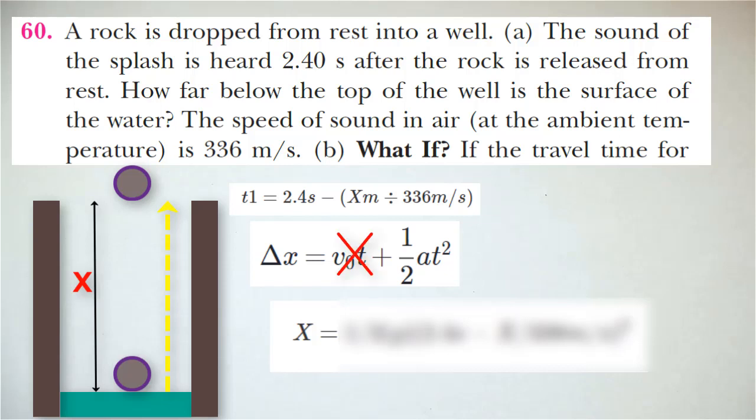Then we move on to 1/2 times the acceleration, which in our case is just gravity. And because we're talking about the distance being positive, gravity will be not negative 9.8 meters per second squared, but positive 9.8 meters per second squared, to simplify our mathematics.